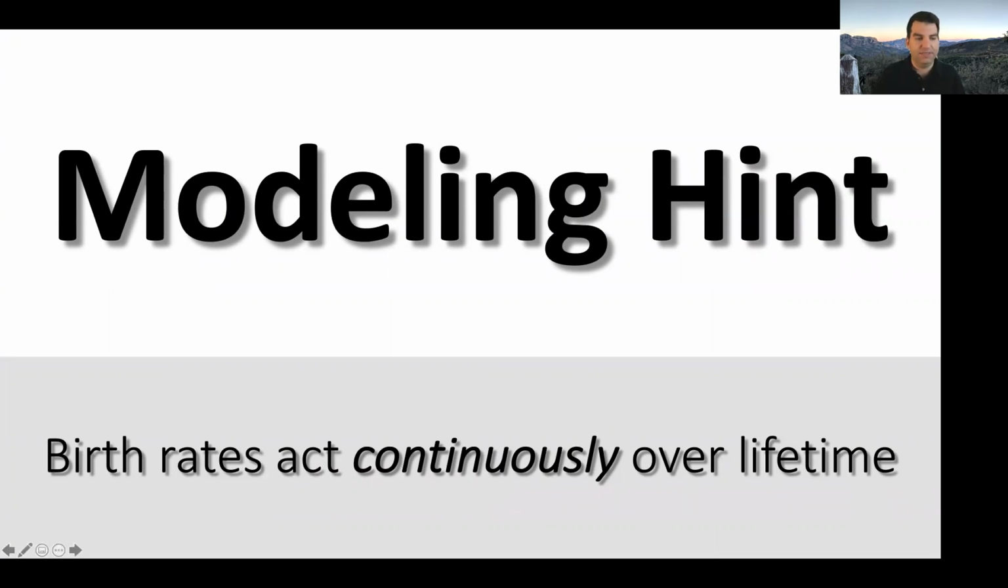The hint that I have here is that birth rates act continuously over time. So we're not thinking about births that happen instantaneously. We're thinking about the average trend over a population. And you know that with a larger and larger population, and the more asynchronous births get, you can assume that every, whatever, 8 seconds, there's a baby being born.